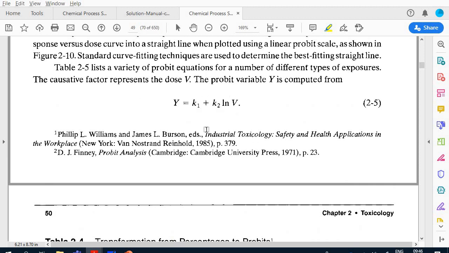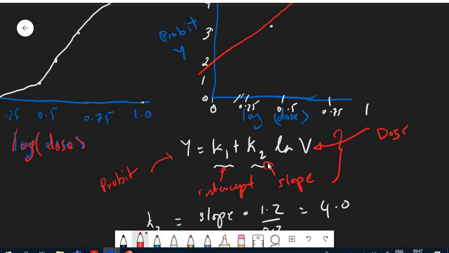So we want that equation here, and the beautiful thing is that if we find the slope of that straight line, we are going to find k2, and if we find the intercept of the straight line, we are going to find k1. So we can get this equation directly by calculating the slope and intercept.